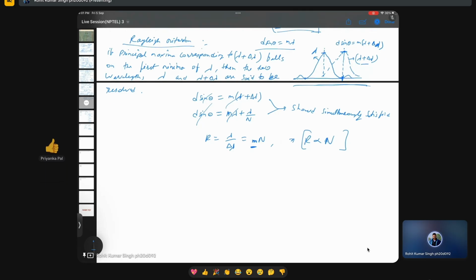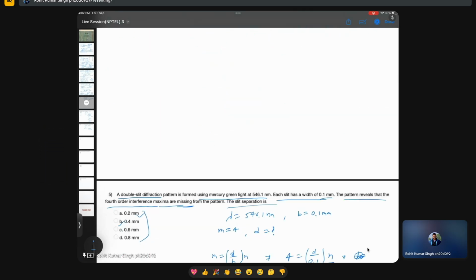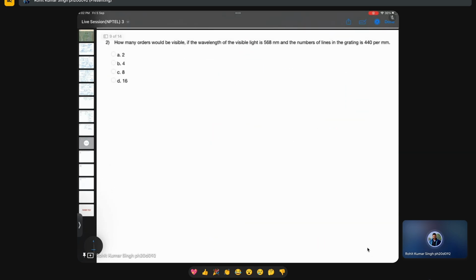Great. Okay, let's solve some problems, and then things will be more clear. There is one problem on the diffraction grating. How many orders will be visible if the wavelength of the visible light is 560 nanometer and the number of lines in the grating is 440 per mm?